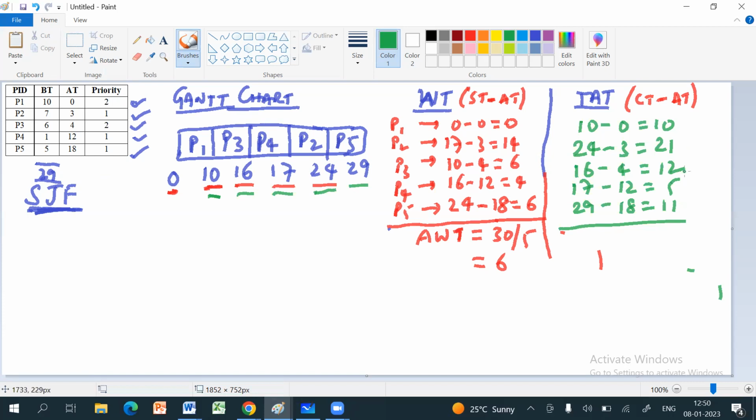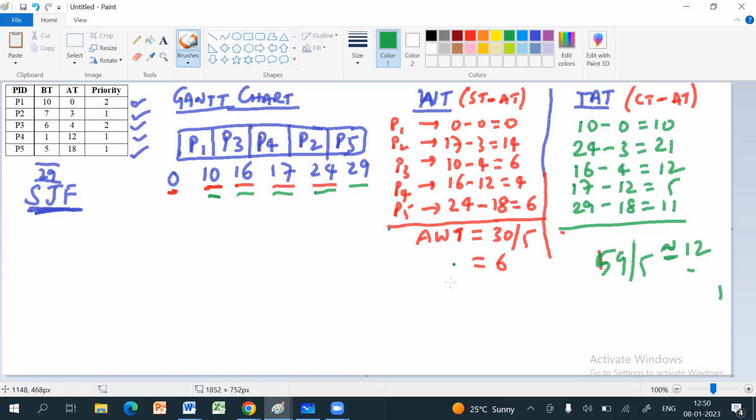So that comes up to 31, 43, 48, and 59. 59 divided by 5 is approximately equal to 12. Okay, so you'd probably get 11 point something. I just put it as approximately equal to 12.